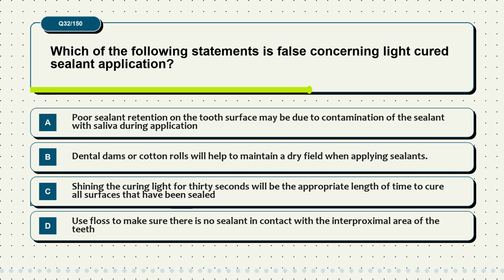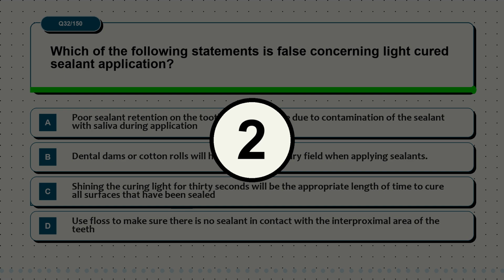Option C. Shining the curing light for 30 seconds will be the appropriate length of time to cure all surfaces that have been sealed. Option D. Use floss to make sure there is no sealant in contact with the interproximal area of the teeth.